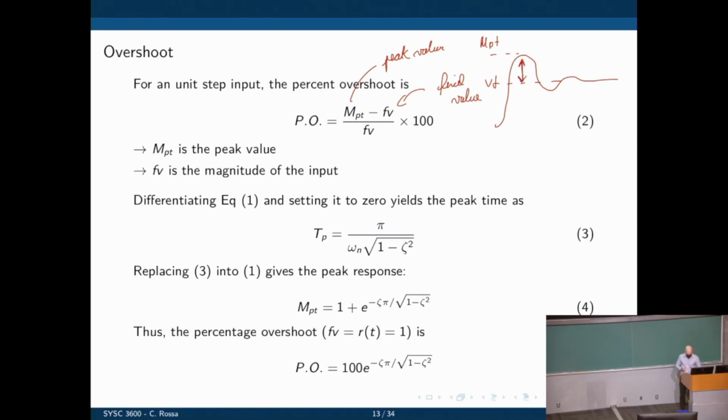That's MP minus FV, and then you divide that by FV just to normalize everything. Then you multiply that by 100, which gives the percent overshoot as a percentage of how much it goes beyond the final value. So if the final value is 1 and the maximum value is 1.2, then the maximum overshoot is 20%. We go 20% beyond the final value.